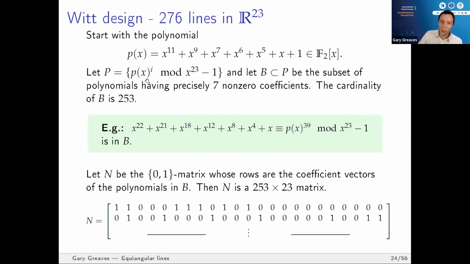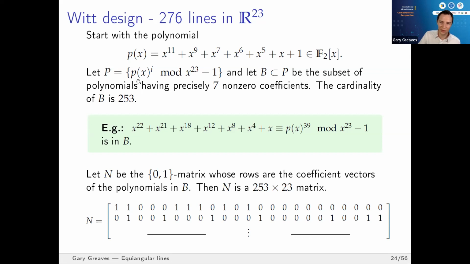So we have the set P of all powers of P, and then B, for blocks, by the way, will be a subset of P that consists of those polynomials having precisely 7 non-zero coefficients. Okay?